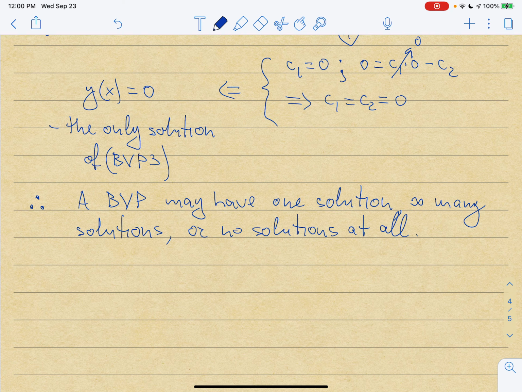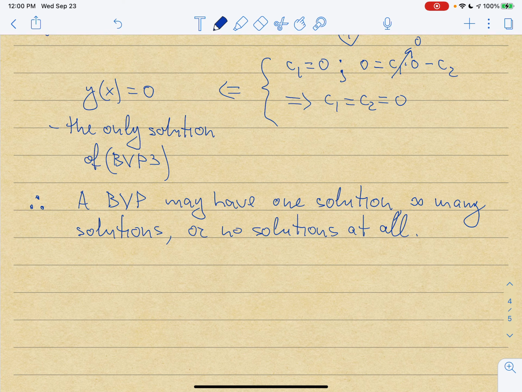For instance, if you want to determine the motion of a bridge, if you think about your unknown function as the height of a given point of the bridge above the river, and the shape of the bridge can be described by a function y of x, and you can construct some ODE for that function, then clearly where the bridge meets both sides of the river, there the bridge is fixed.